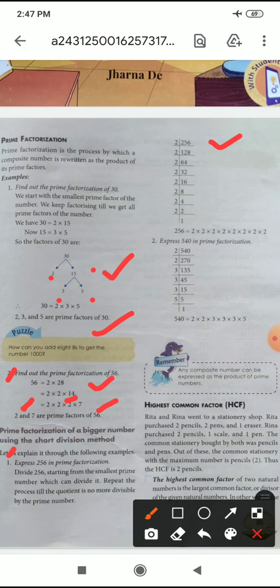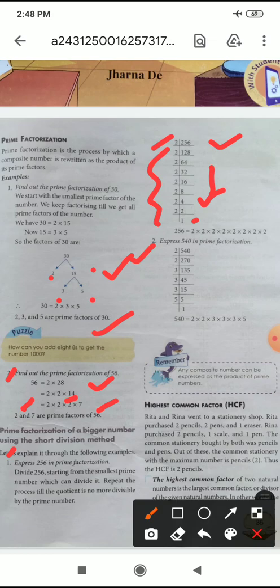So 256, we can divide it by 2. So we divide first by 2, then we get 128, again it is divided by 2, then 64. Like this we continue the process till we get 1. Okay. So these are the prime factors of 256. Number two also, you see, express 540 in prime factorization.